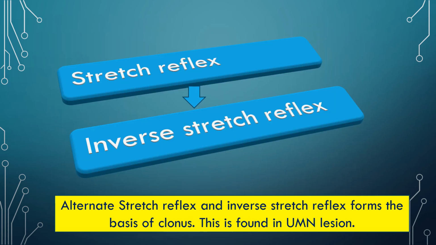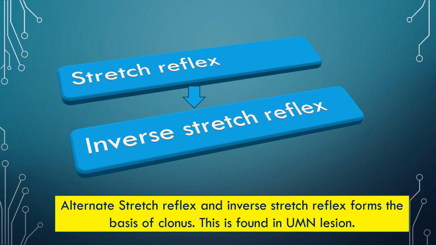Now in these hypertonic muscles of upper motor neuron paralysis, muscles are already hypertonic. So when you are causing stretch, there will be contraction, and if this stretch is maintained, this contraction will be higher. So tension will be greater, and this greater tension will be conveyed by the Golgi tendon organ to the central nervous system, and the inverse stretch reflex will be stimulated.